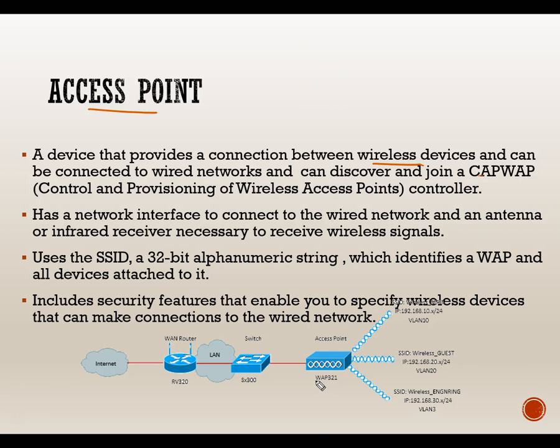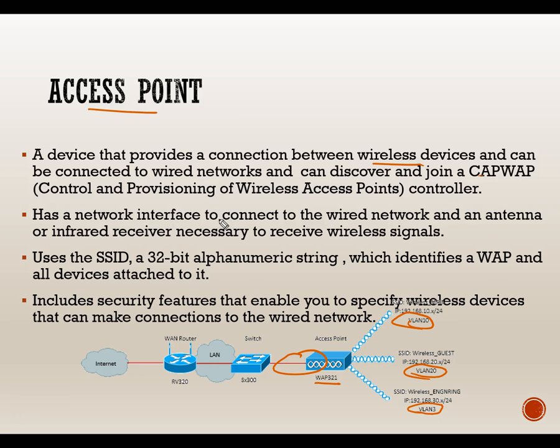So we have a wireless access point here, with different SSIDs that have different capabilities. We have VLANs, the virtual local area networks, on these things, which means that they can only access certain devices. We have a WAN router here, it goes to a switch. Remember that a wireless access point has got to connect by wire to the network in order to be able to communicate with everybody else.